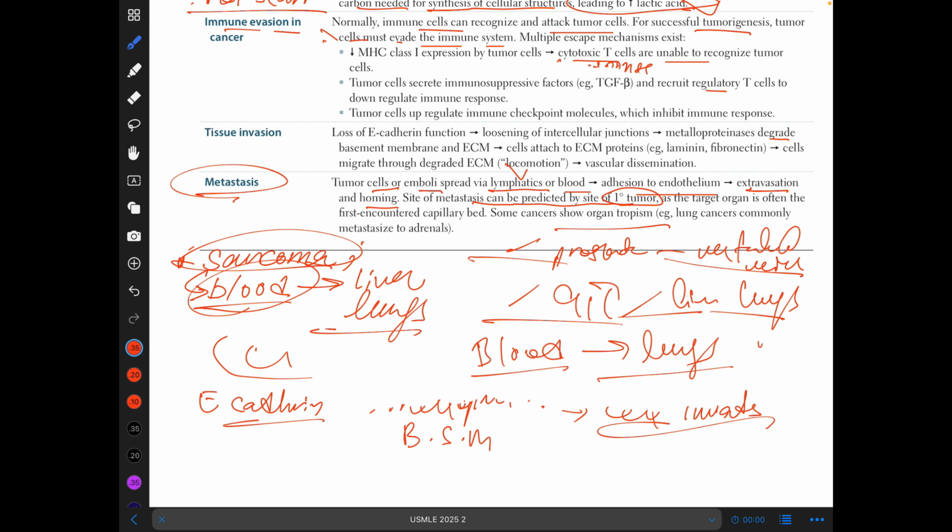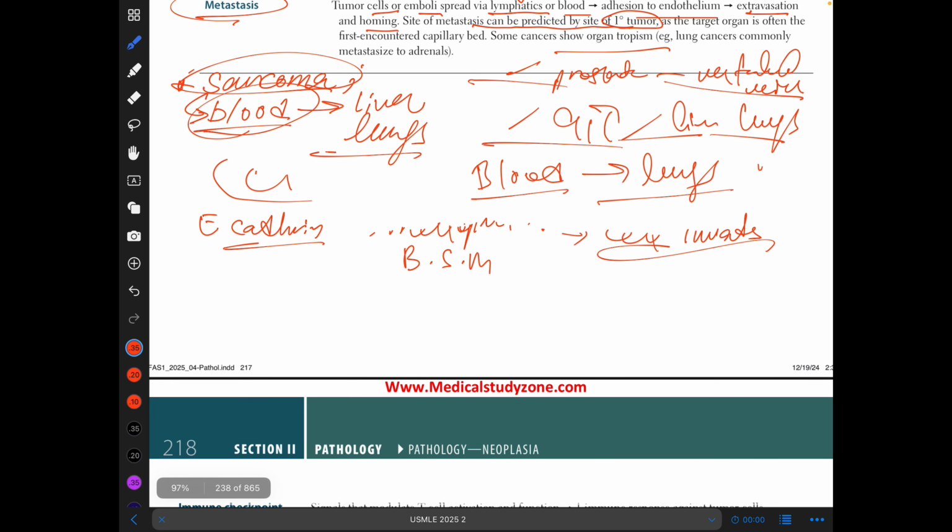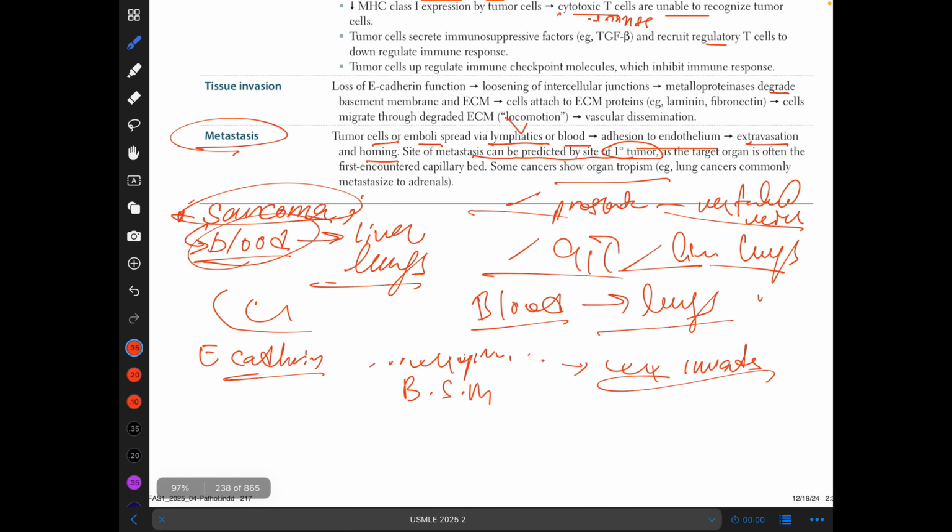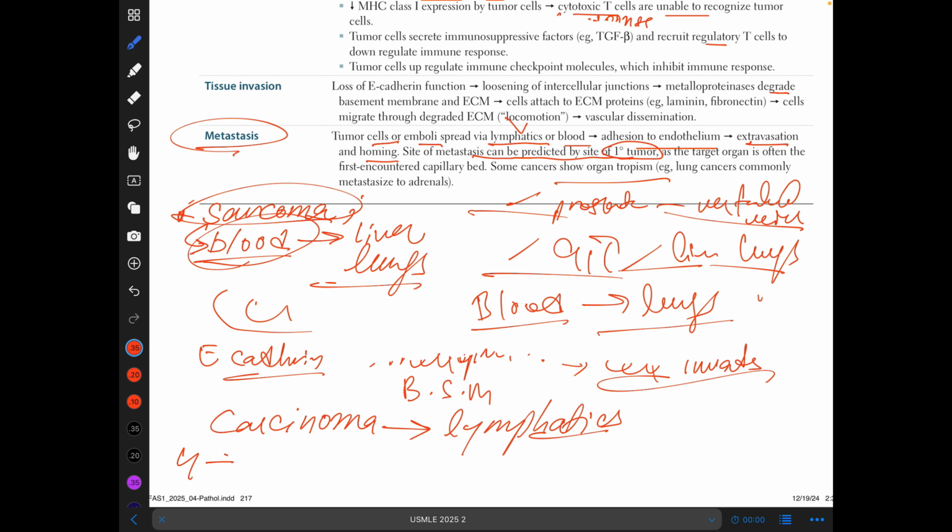Understand? And what is our second route? The second route is lymphatics. Carcinomas spread through lymphatics. But there are exceptions: carcinomas that spread by bloodstream. First, choriocarcinoma.